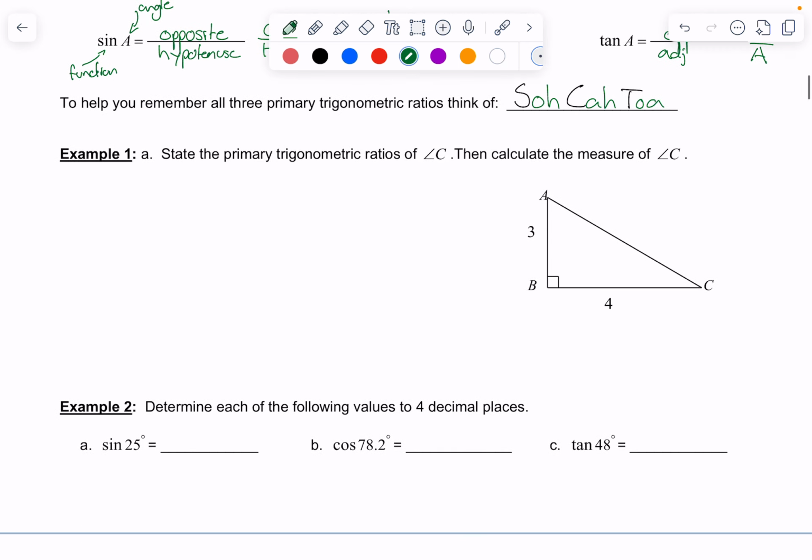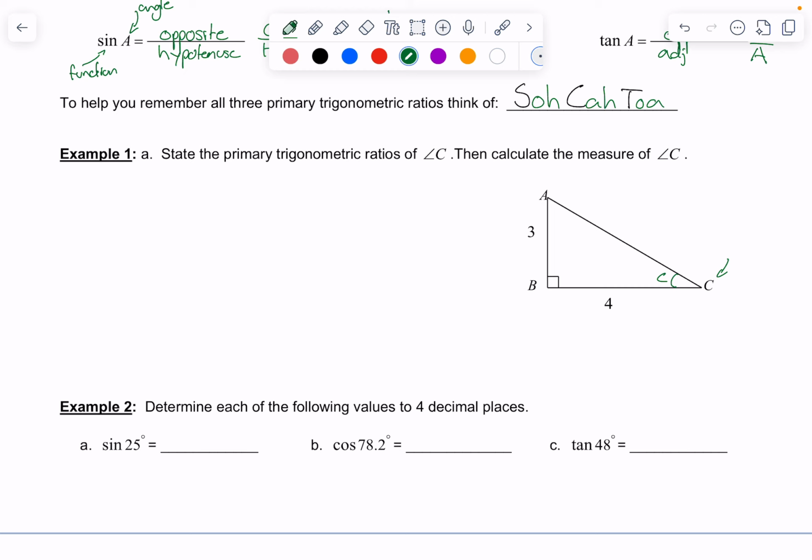So let's do example 1 and see how these ratios are used or set up. State the primary trigonometric ratios for angle C, then calculate the measure of angle C. Being the vertex C means that this angle right here is angle C. Okay, let's just be clear on that.